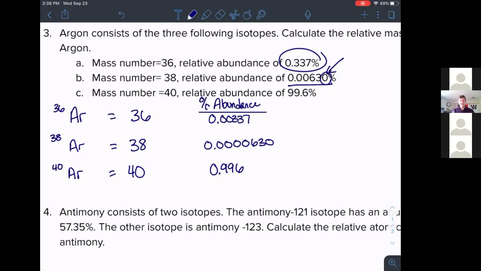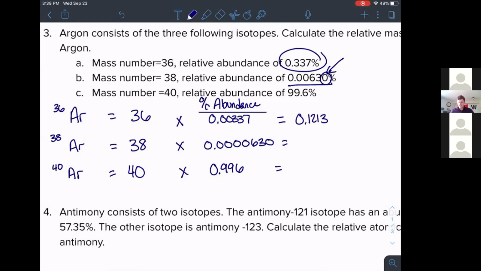Now, the last thing we need to do here is we're going to multiply these across to each one, and solve for those values. So we're going to do 36 times 0.00337. Can you tell me what you get? 0.1213. Awesome.